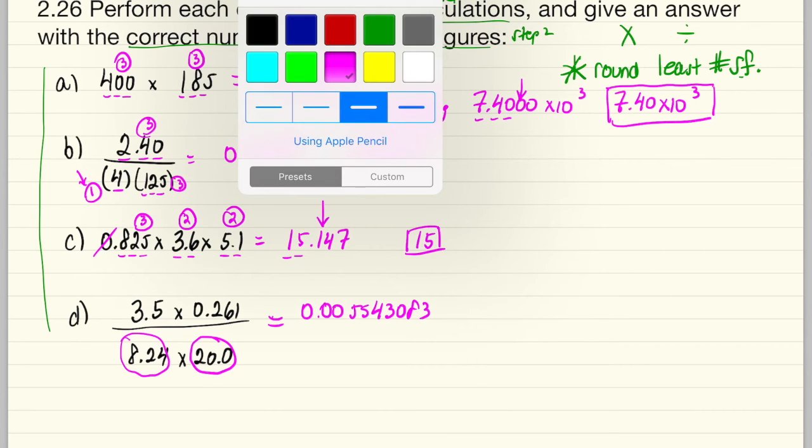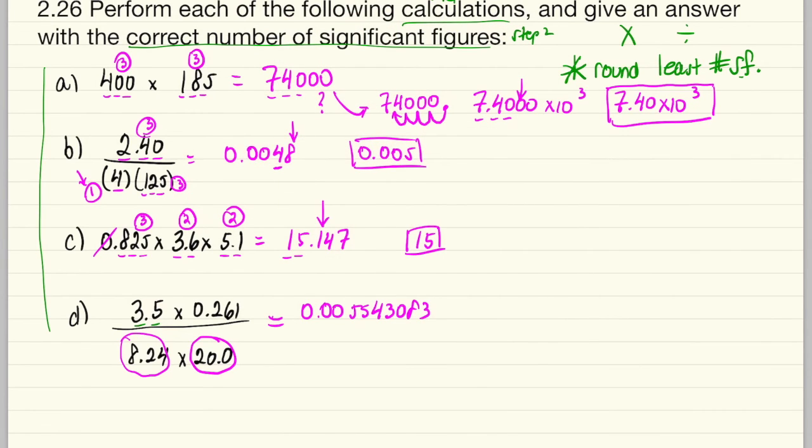Let's count sig figs. We've got 2. This 0 doesn't count. 1, 2, 3. This has 1, 2, 3. This has 1, 2, 3. Okay, that's the loser. So we want to round this off to 2 sig figs. Remember, these zeros don't count because they are before the first non-zero digit, or Pacific Ocean zeros.